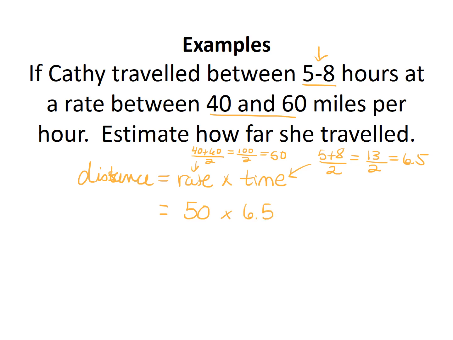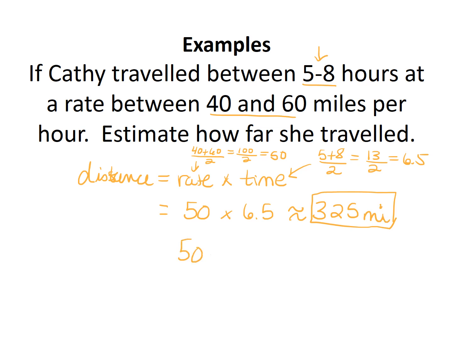And this, again, will show you, if you do that, 50 times 6.5, I'm going to show you too with the unit canceling. That's approximately, we're just estimating, 325 miles. But you will see that you will get the right units at the end.